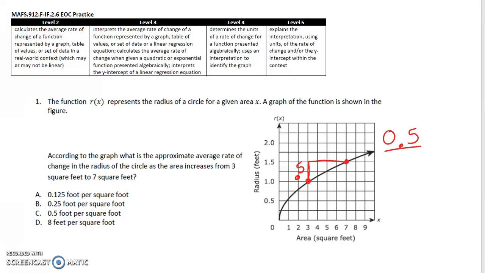And my run is from 3 to 7, which is 1, 2, 3, 4. So if I take 0.5 and divide it by 4, I get 0.125. So my answer is A, 0.125 foot per square foot.